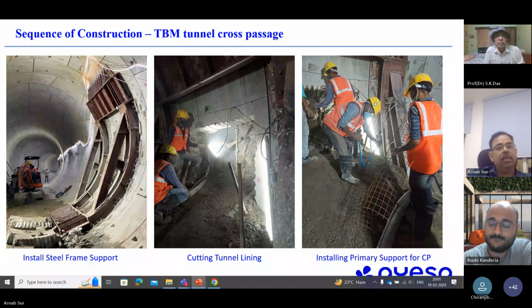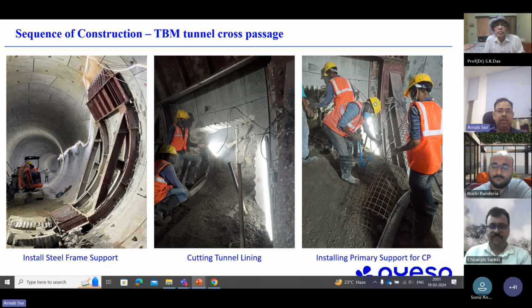Actually, there are many options. As we all know, there can be many options for the same problem. So there is an alternate option of a complete ring support for this tunnel, and this D frame is just a portion which is installed at the periphery of this cutout. The benefit of this D frame is that this tunnel is not affected.